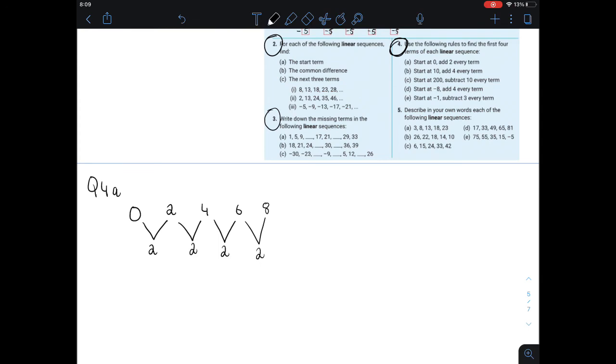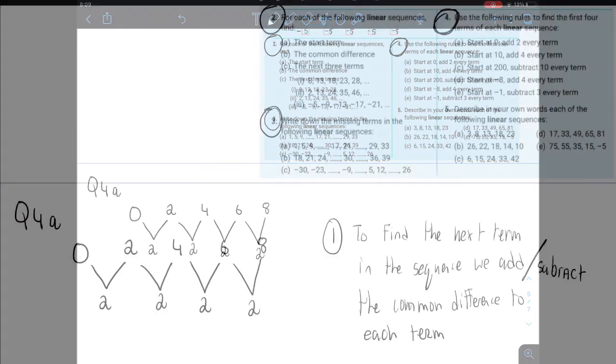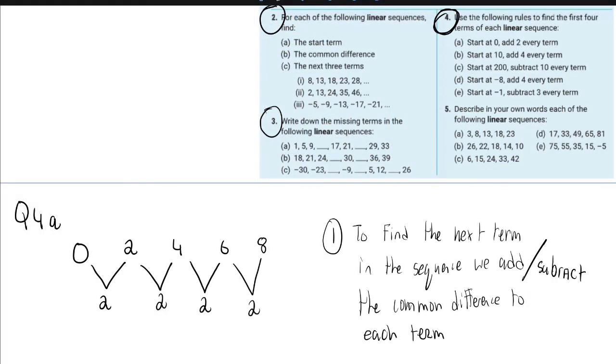So when we're finding the next term in a sequence, we simply add the common difference to each value. Okay guys, now I want you to try question 4, B, C, D and E. In each of them, to find the next term, you are going to add or subtract the common difference from the term before it.